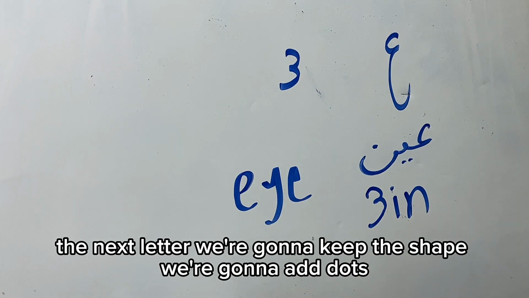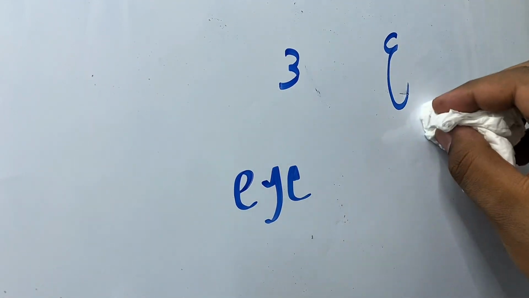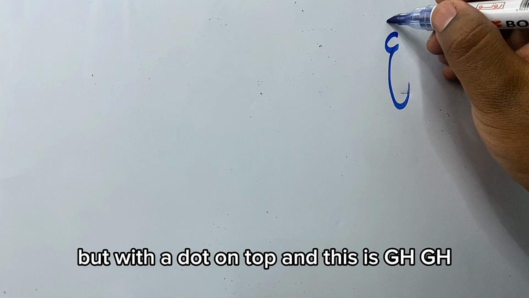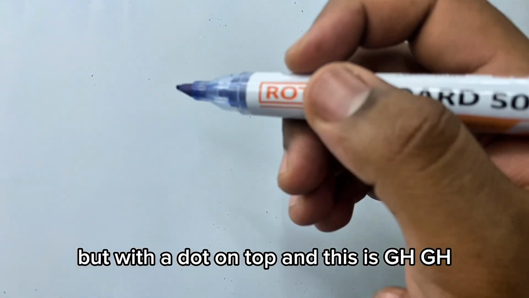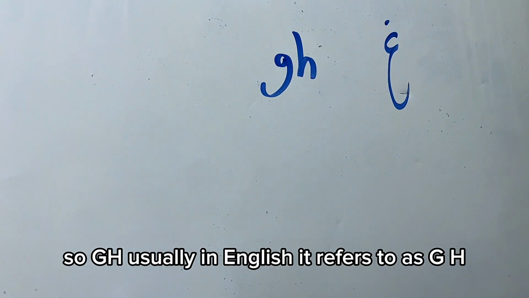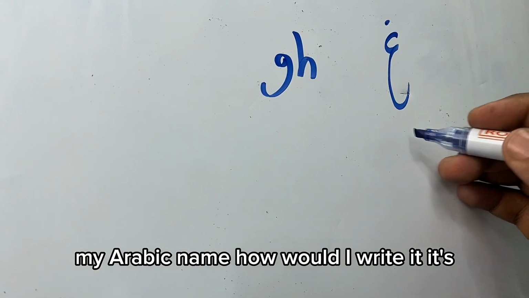All right, the next letter, we're gonna keep the shape. We're gonna add dots. So next letter is similar to ʿayn but with a dot on top, and this is gha, gha. So gha usually in English is referred to as GH, and you can actually find it in my Arabic name. How would I write it?